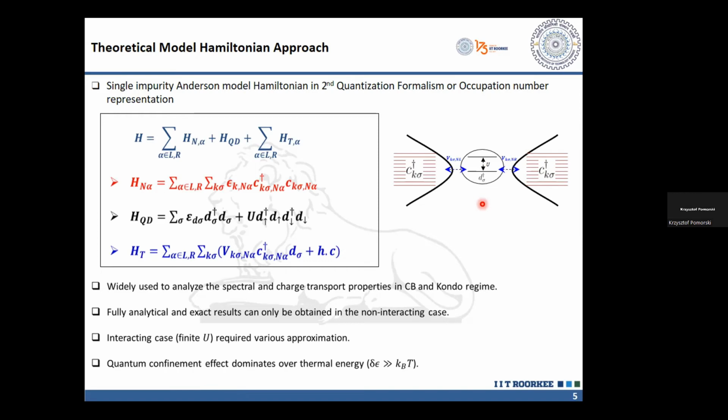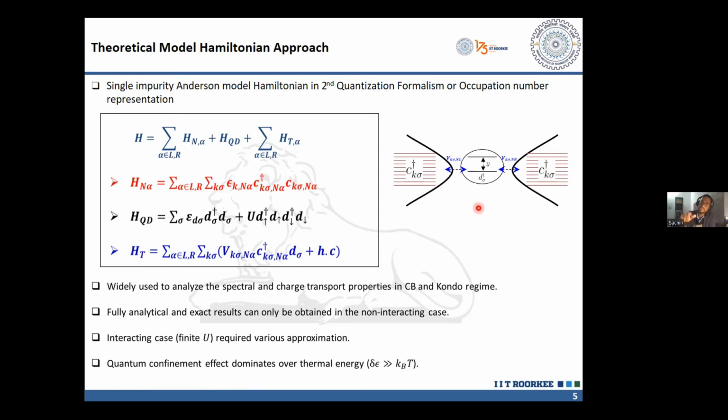Yeah, it's completely collapsed, because as I told you, all these results are valid when we have a single level quantum dot. We have an ideal quantum dot which has only one energy level.